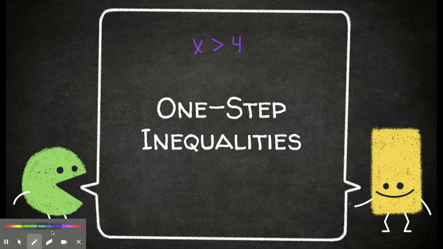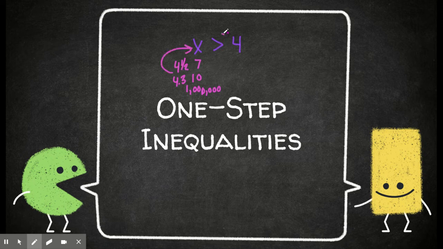So with inequalities, you can have more than one correct answer. We could put in 7, we could put in 10, we could put in 1,000,000. We could even put in 4.5 or 4.3. Any of these numbers would work for x as long as they are greater than 4.